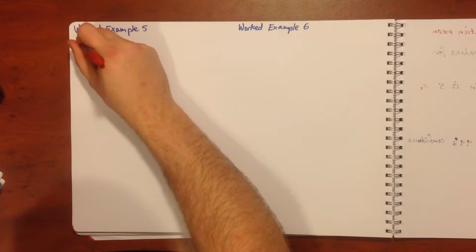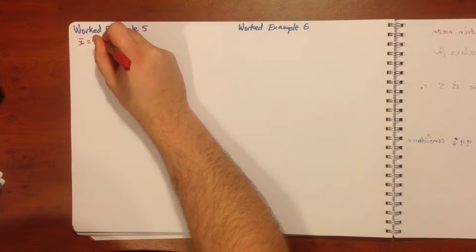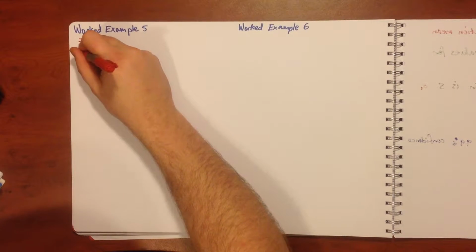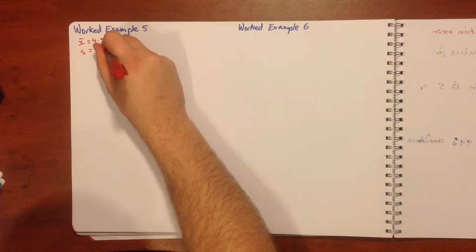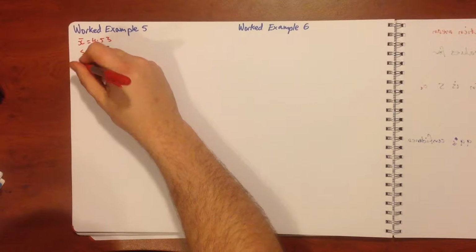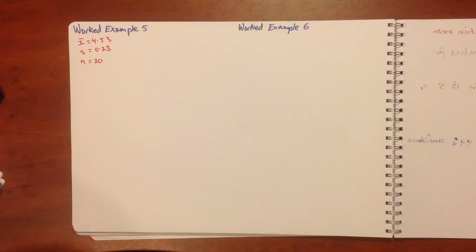So what we're saying is our x bar equals 4.53, our standard deviation s is equal to 0.23, and our sample size was 20. We need to estimate the average amount that your classmates will spend on lunch today. Find a 95% confidence interval for your estimate.